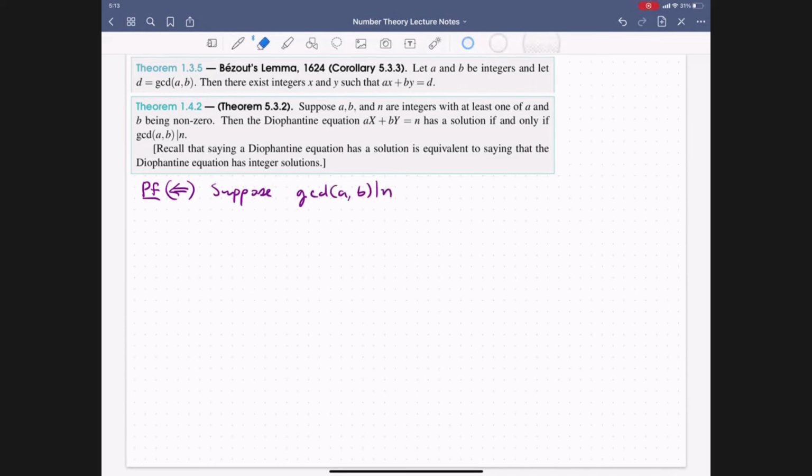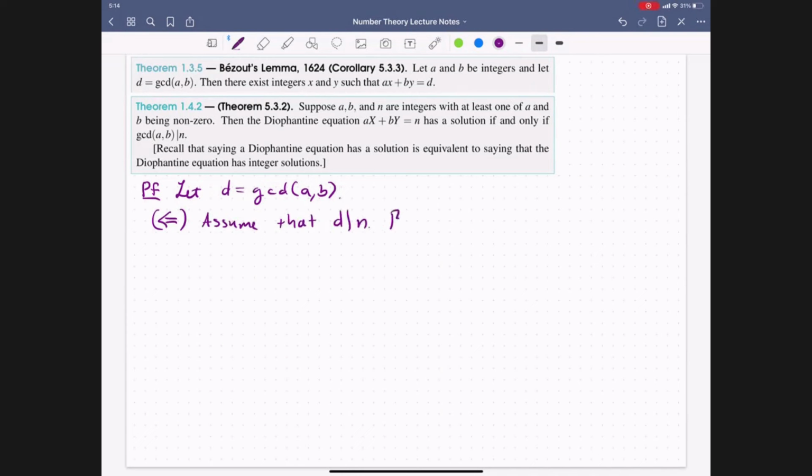And actually, so that we don't have to write the GCD over and over again, let me just go ahead and impose from the start, let D be the GCD of a comma b. So the converse, so assume that D divides n.